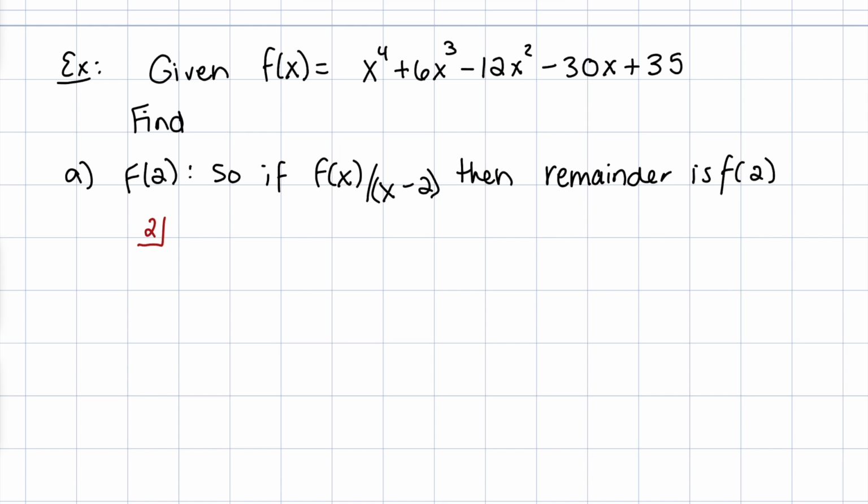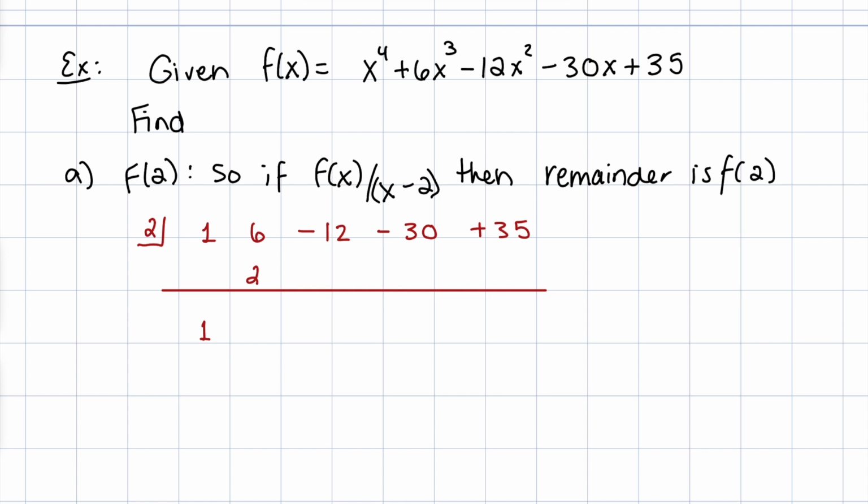So let's do this. We peel off those coefficients. So we have 1, 6, negative 12, minus 30, plus 35. Perfect. Now we know this turns into a game. So we bring down the 1. 1 times 2 gives me 2.